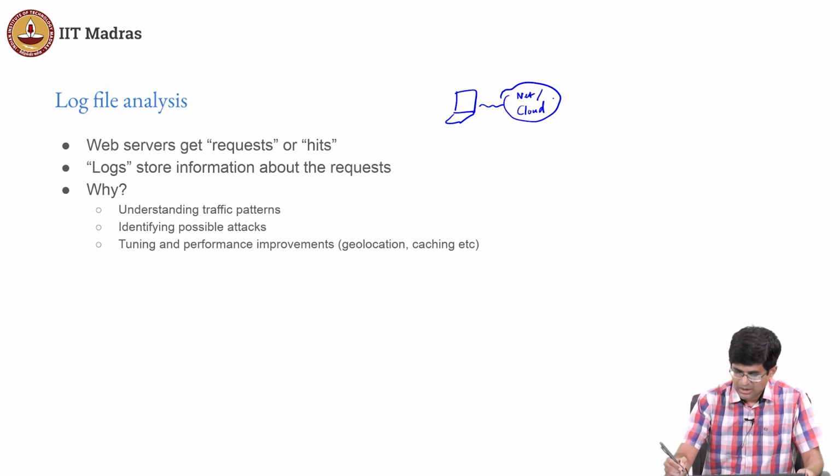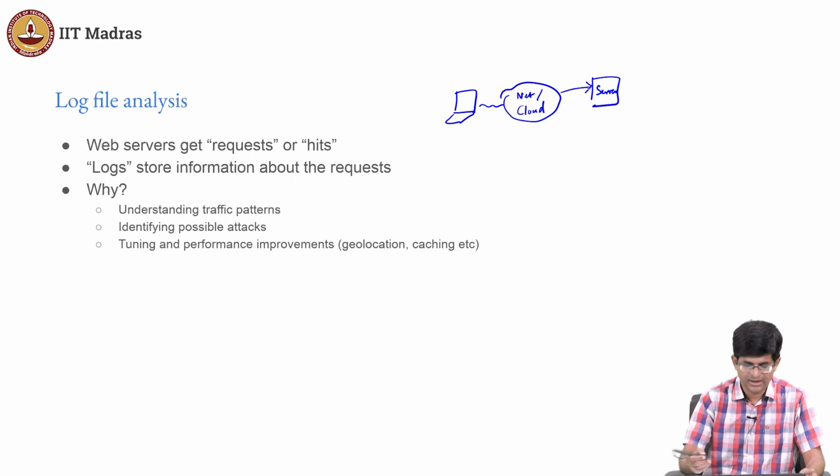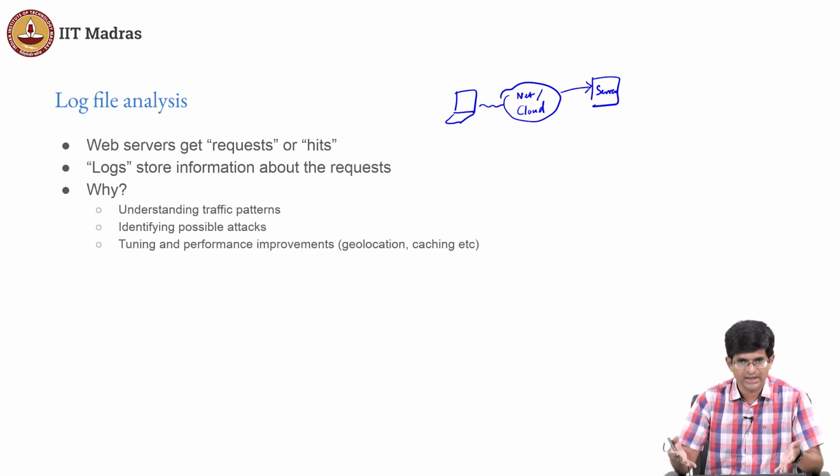Okay. But what actually happens in practice is, there's a server, and what the server is doing is getting requests from your machine. In this case, normally I would refer to the browser that's running on your machine as the client.